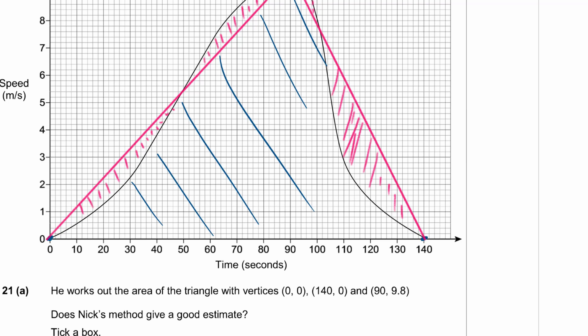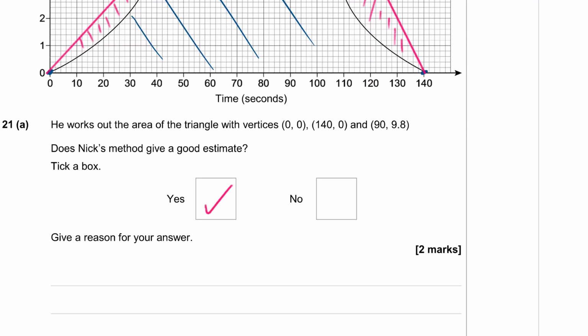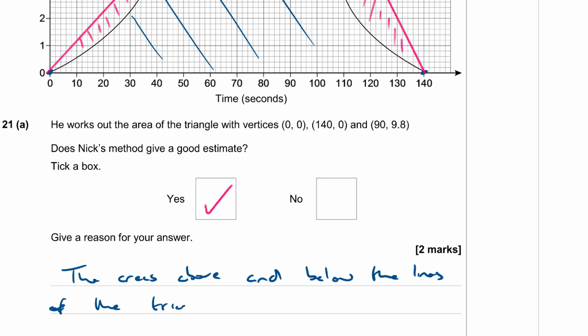However, overall I'm going to say that yes, I think it is a good estimate, and the reason for that is the areas above and below the lines of the triangle are roughly the same size.